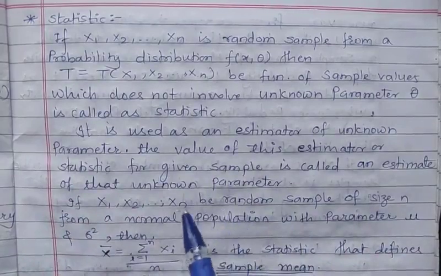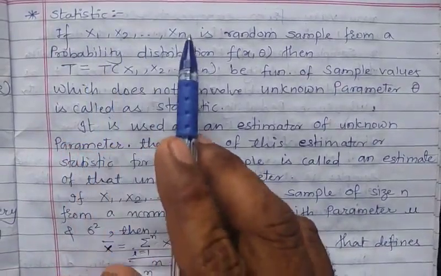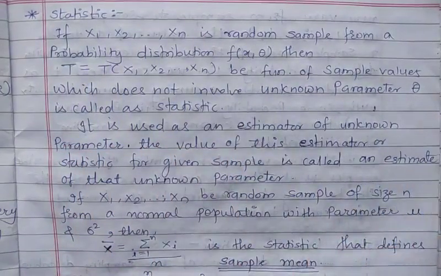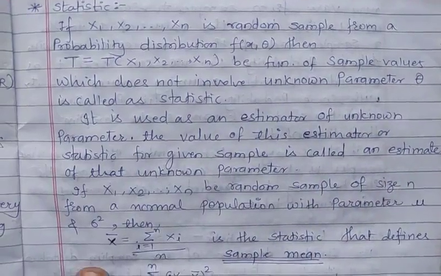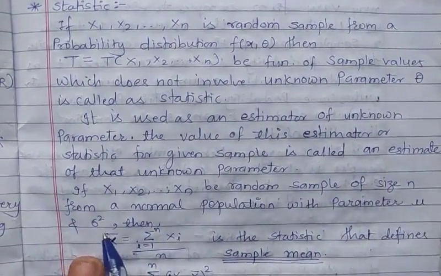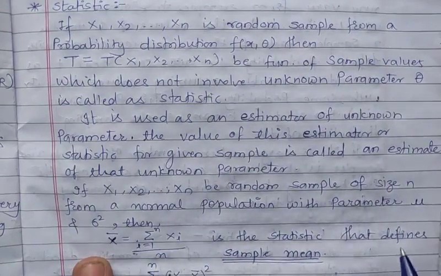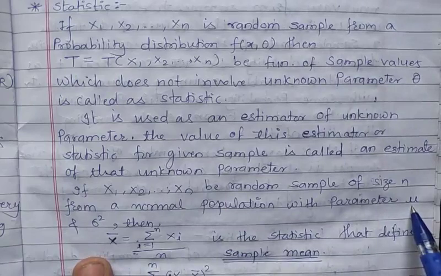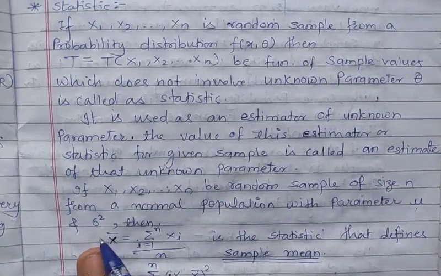Here, suppose x1, x2 up to xn is a random sample of size n from a normal population with parameters mu and sigma square. Mu is the symbol for the population mean, and sigma square is the population variance.